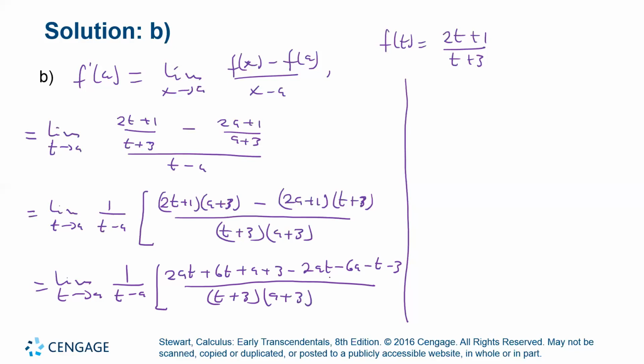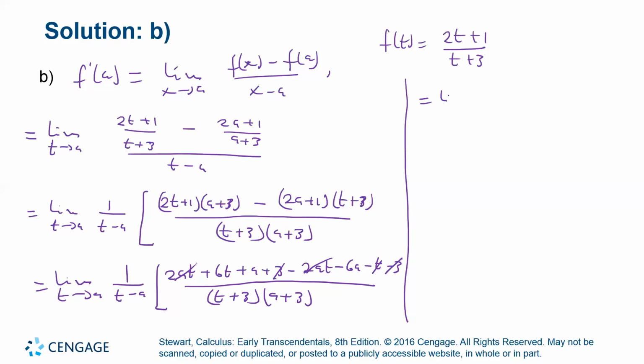So let's see, some of the terms will cancel out. And then you have 6t plus a minus that, 6t minus 6a. All right. And then the t minus that, well, that'll be 5t.